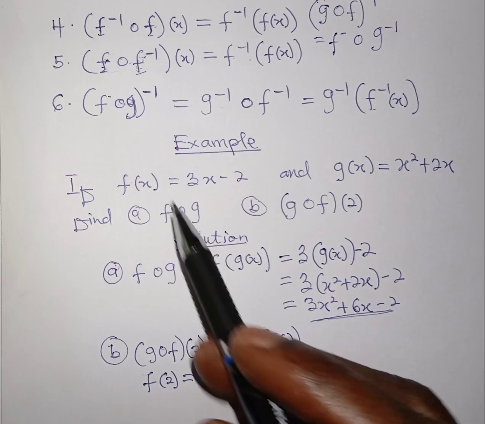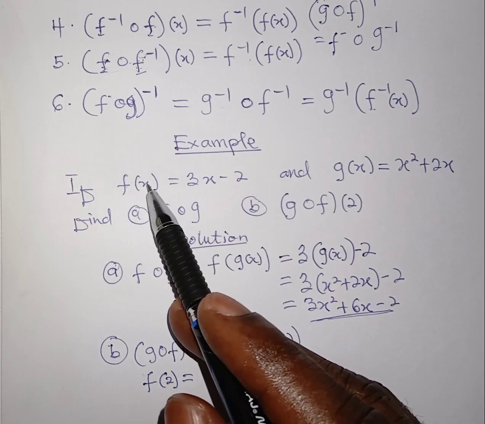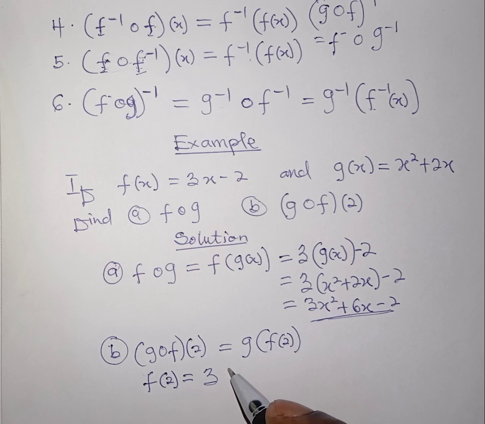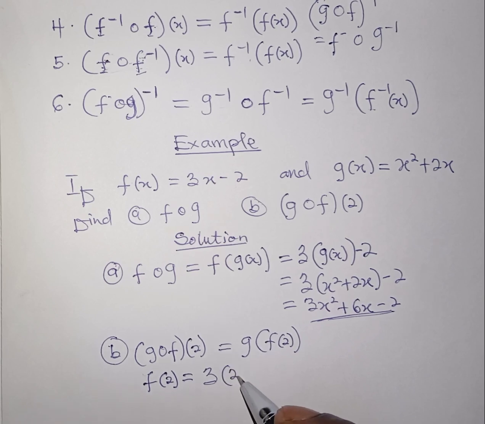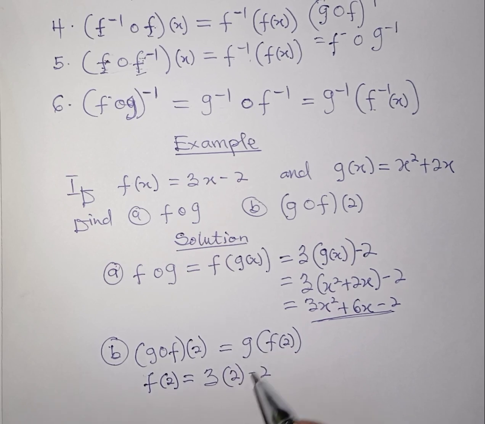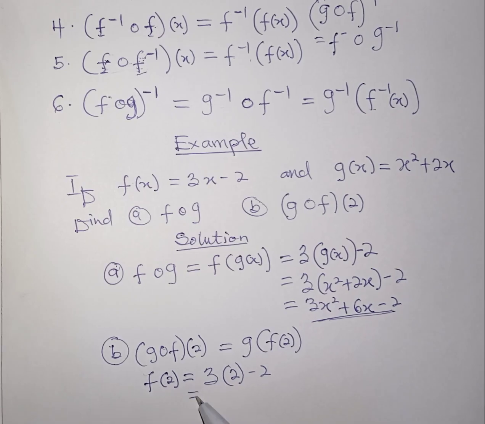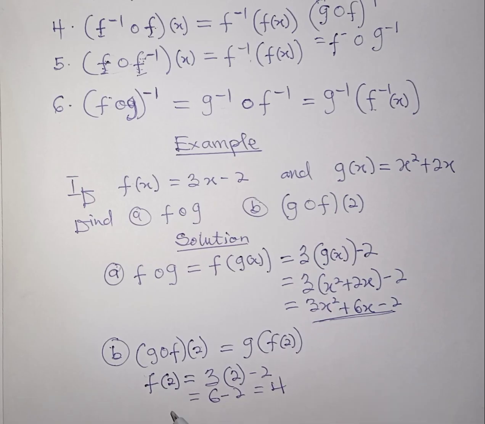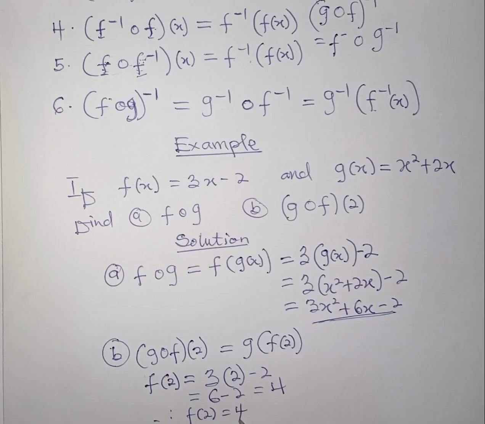So what is my f as a function? Wherever I see x, I will just put 2 there. So it becomes 3 multiplying 2, minus 2, and this gives me 6 minus 2, which gives me 4. So it means that my f at 2 is equal to 4.